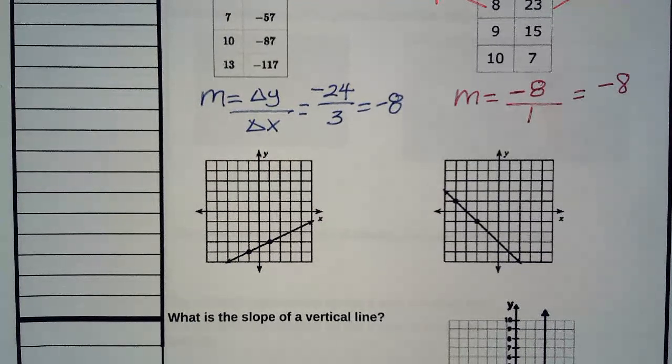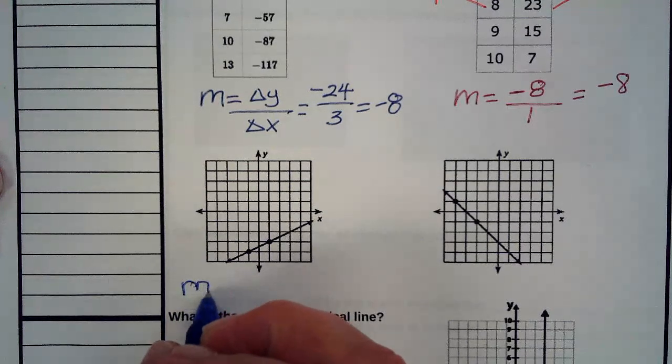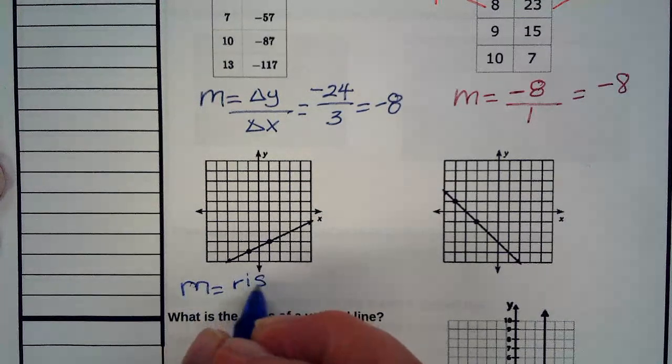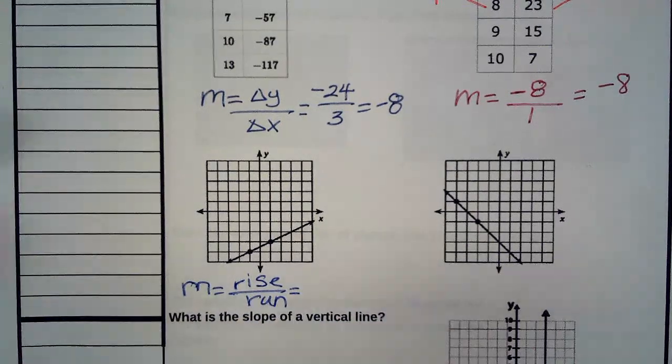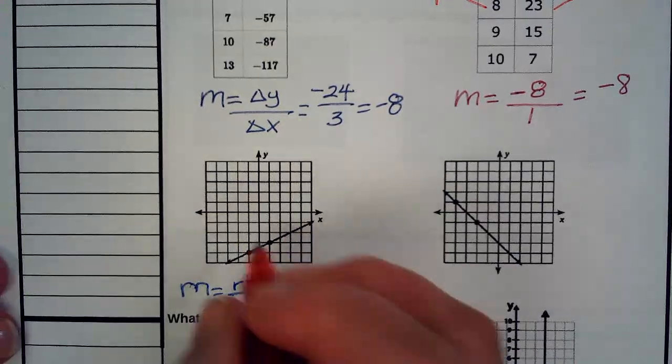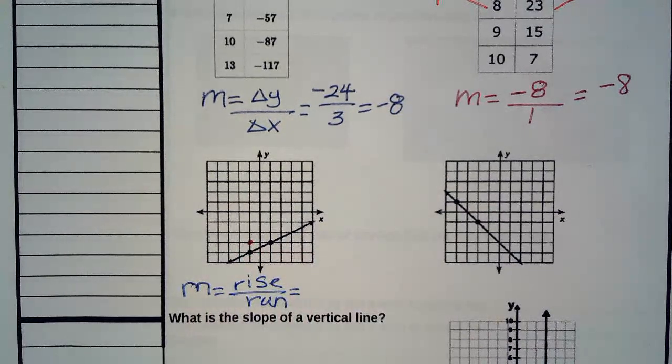What about finding the slope from a graph? Remember, our slope is rise over run, and I'm going to count. I go up 1. You count the boxes, the whole box.